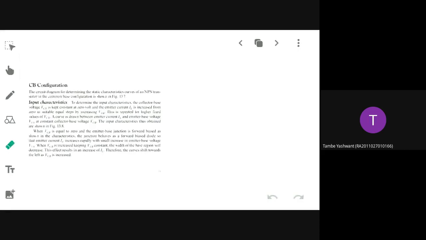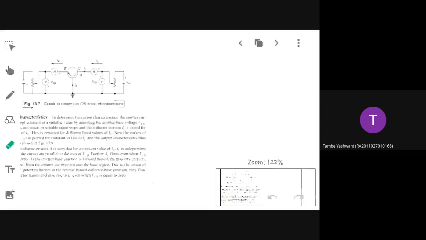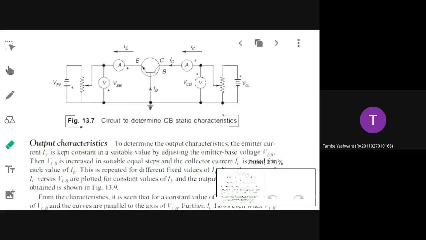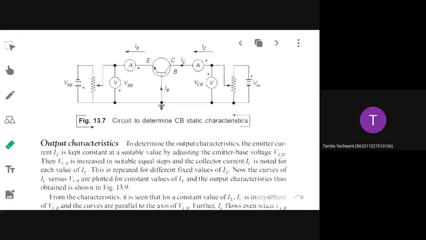Now you can see this diagram that is given. What type of transistor is this? Depending upon construction, what are the two types of transistors?